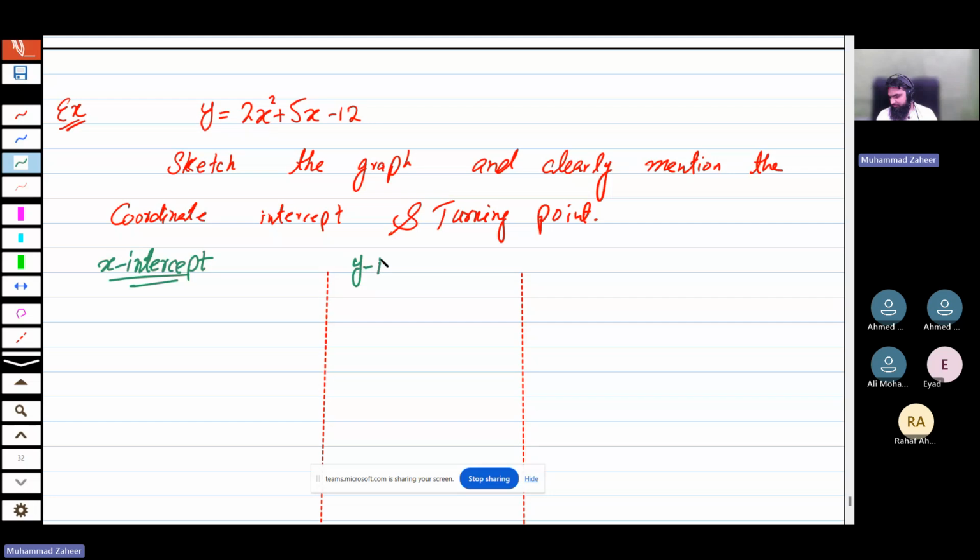We are talking about the y-intercept, and we are talking about the turning point.